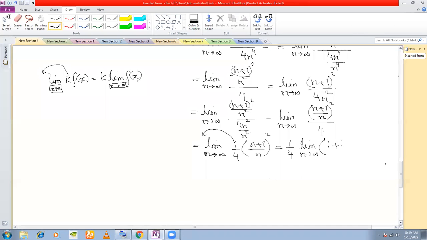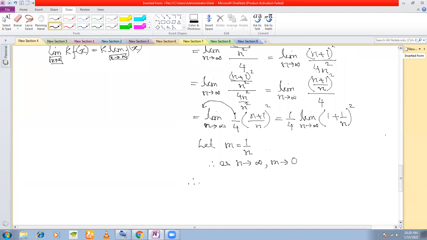One plus 1 by n, whole square. Now I have everything in terms of 1 by n because n tends to infinity. So now I will say let m is equal to 1 by n. Therefore, as n tends to infinity, m tends to 0.